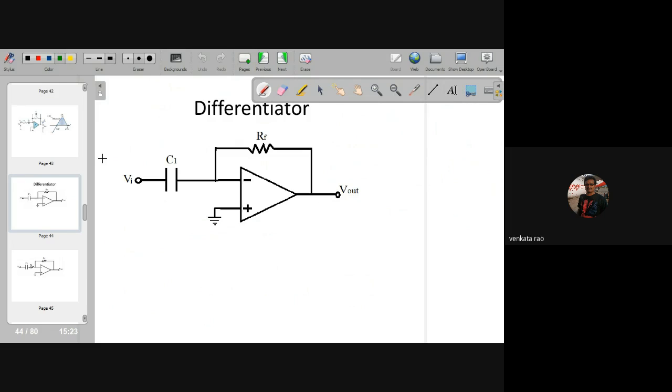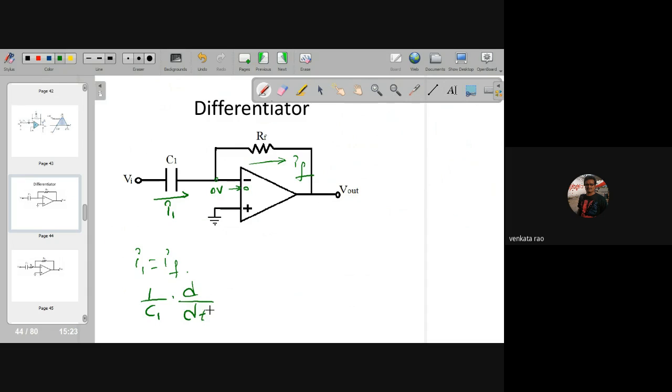Same problem, sir, I'm going to take it directly. Let us take the current as I1 and IF. At 0 volts, this current is 0. So applying KCL, I1 is equal to IF. Current through the capacitor is C into dV by dt.